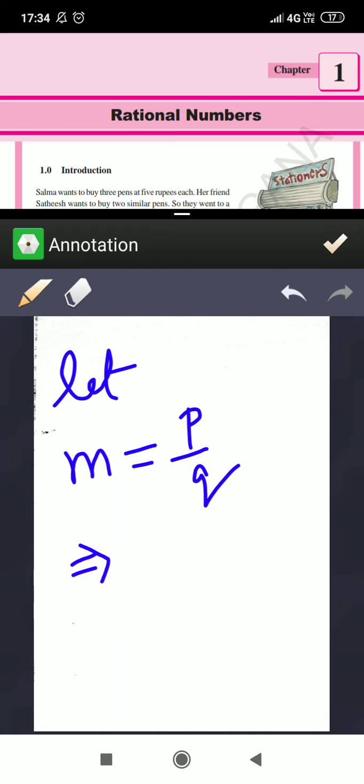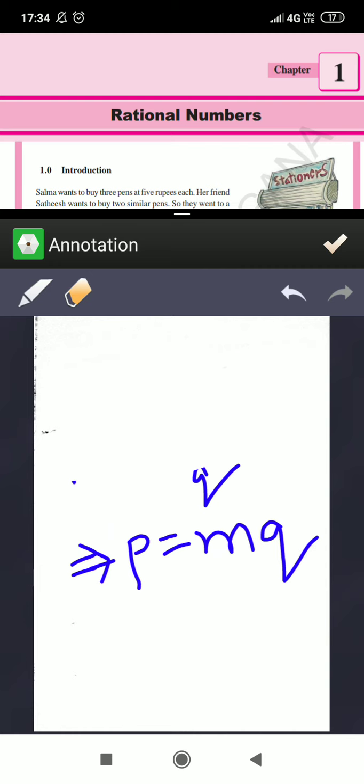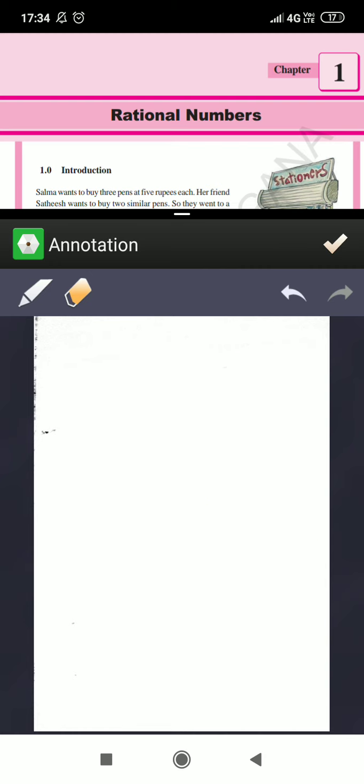So from this, how can you write p? p is equal to m times q only. Remember this first. p is equal to m into q now.